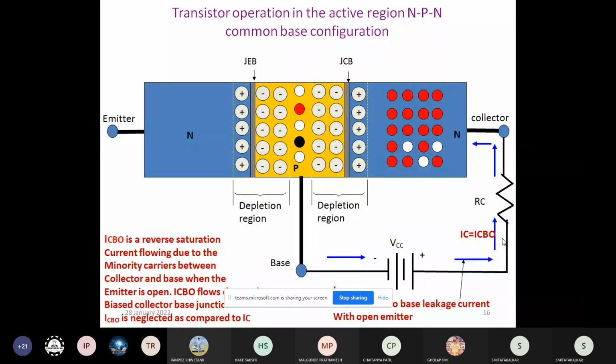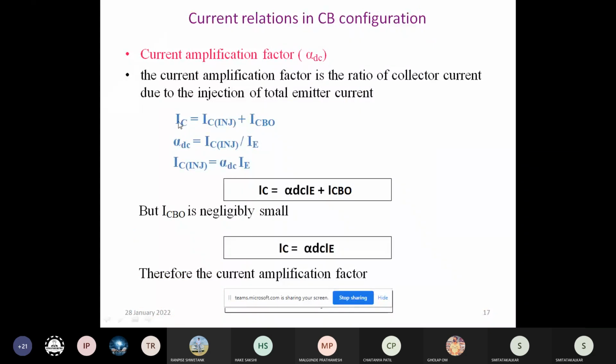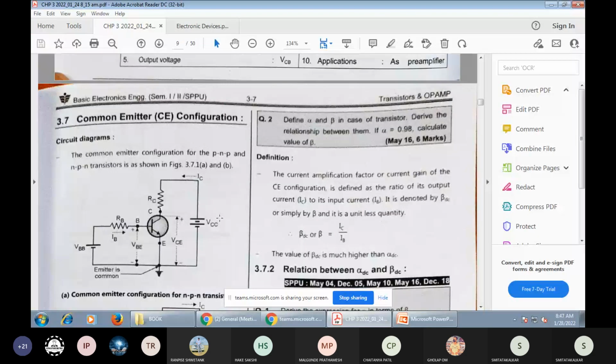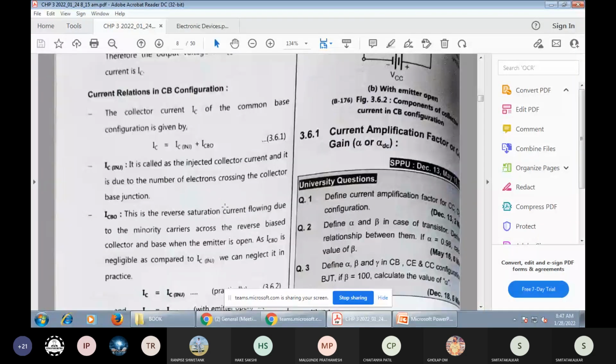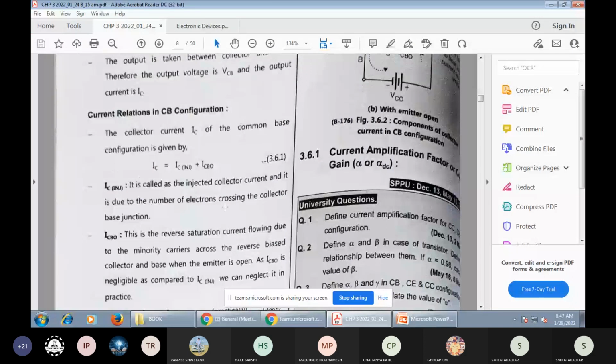And this ICBO: the total collector current IC is equal to the injected collector current plus ICBO, the saturation collector base current, and alpha DC is approximately 0.9 to approximately 0.99. That is the current amplification factor alpha DC.